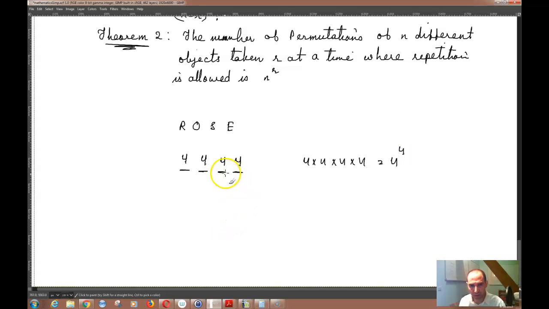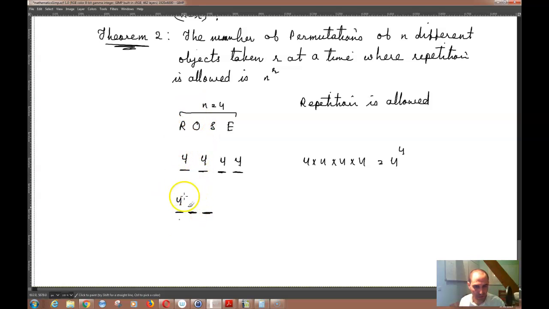Now if you had the same number of letters, n is equal to 4, and out of these you wanted to build 3-letter words, then you would have 4 ways of filling this place value, 4 ways of filling this one, and 4 ways of filling this one, which is 4 times 4 times 4, equal to 4 raised to the power 3.